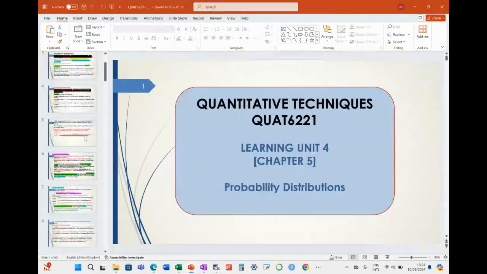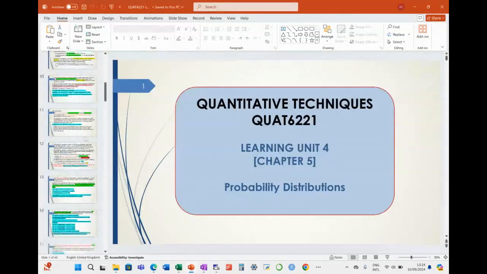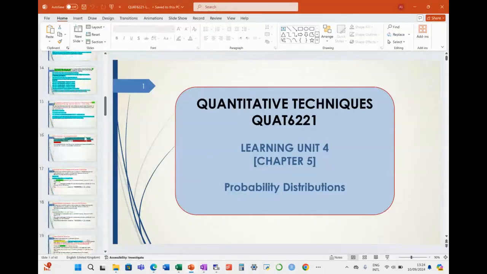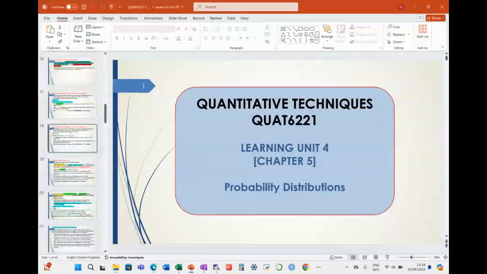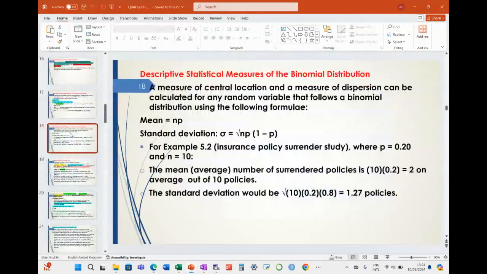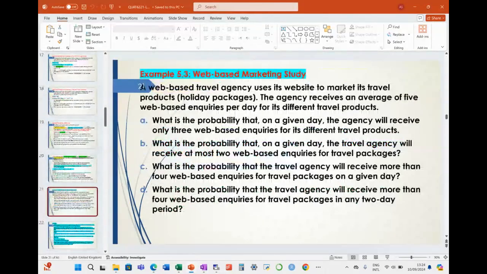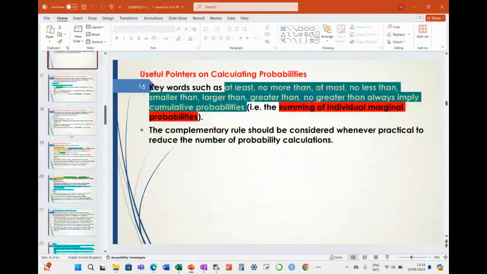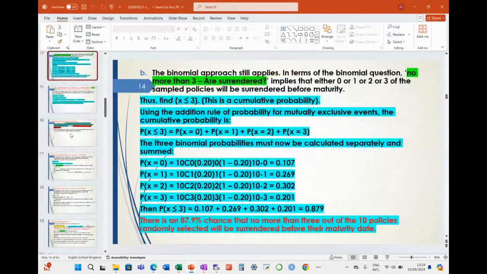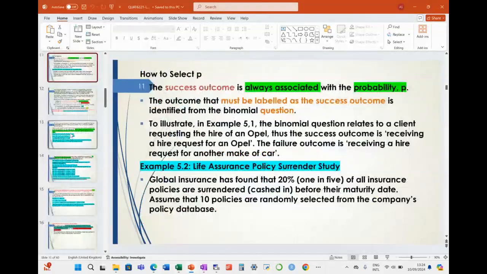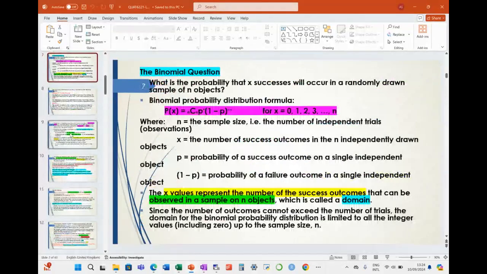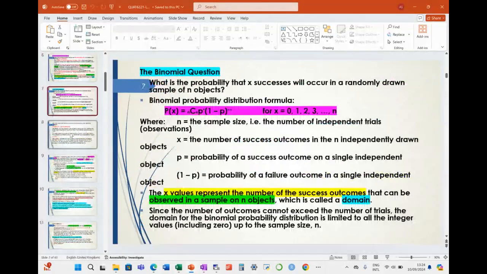Then we also have the first one that we introduced, the binomial, 100%. Okay, so where's that now? Binomial, there we go. Okay, and here we see the formula.